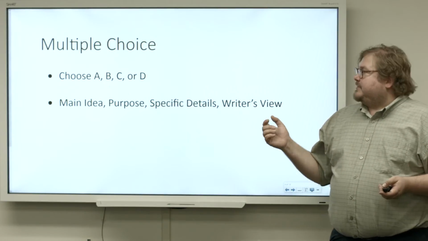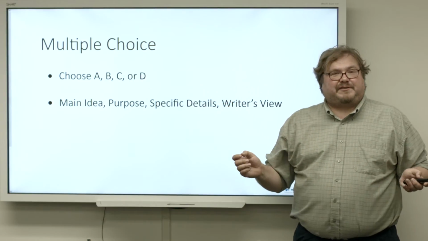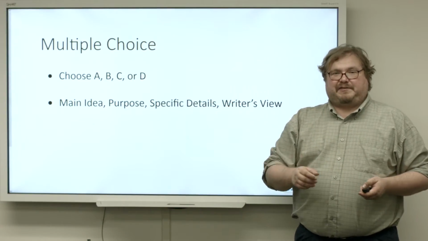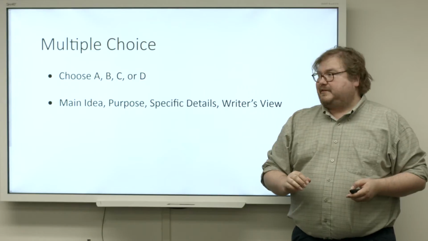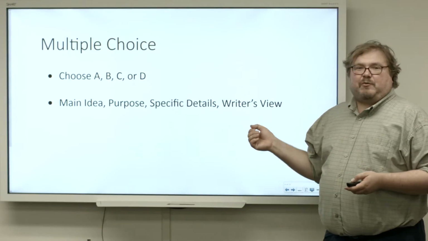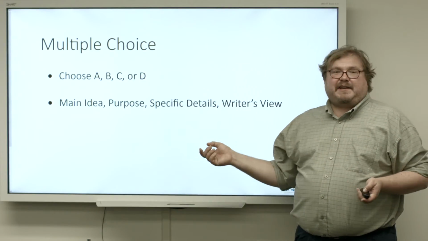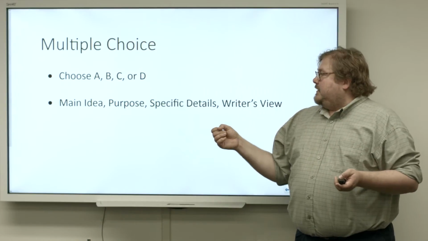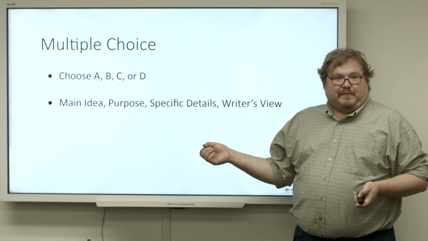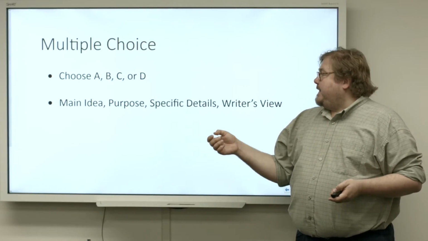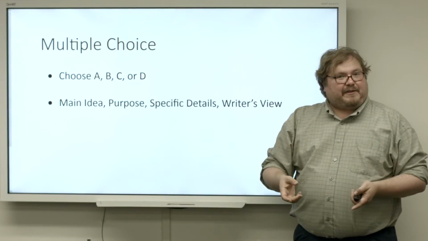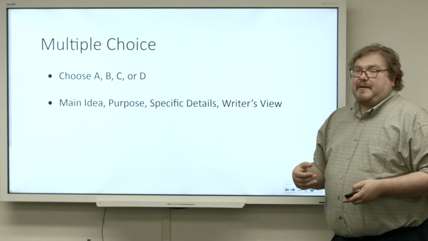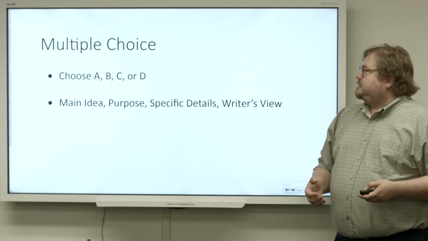Your multiple choice questions, those are the ones where we just choose A, B, C, or D from a list of options. These questions usually ask about the main idea, the purpose of writing the article, specific details about the article, or sometimes about the writer's view.